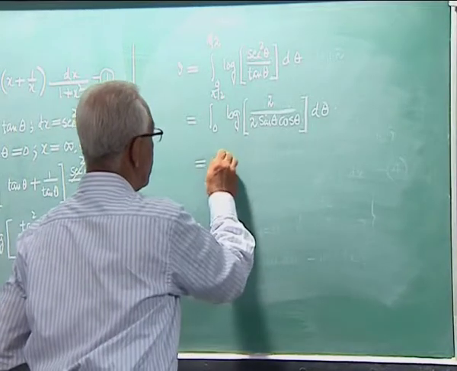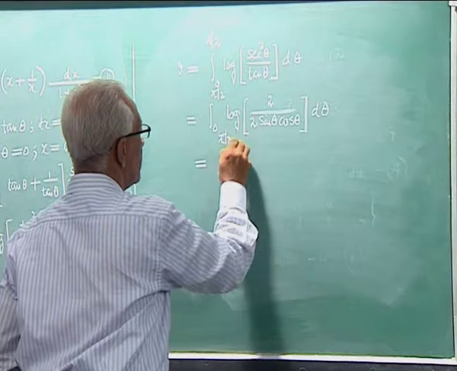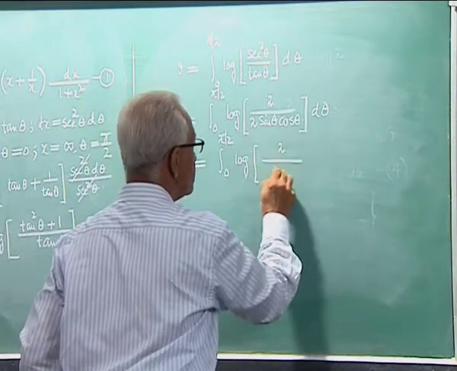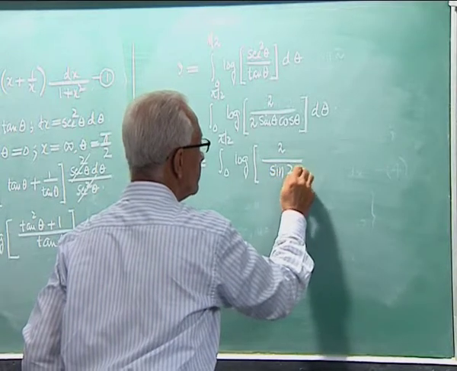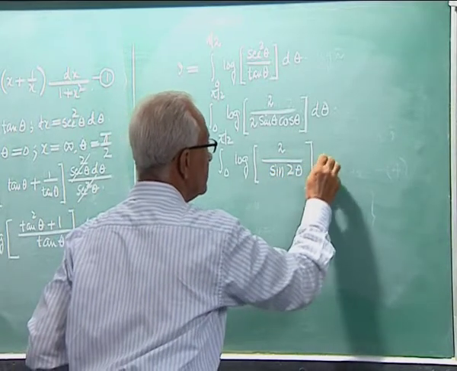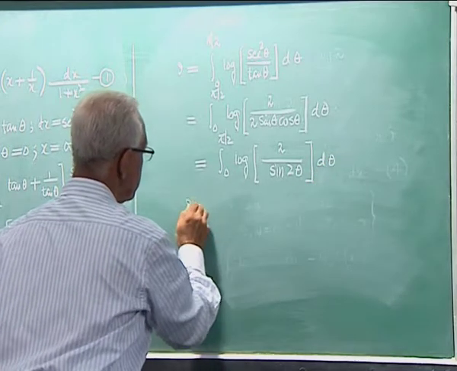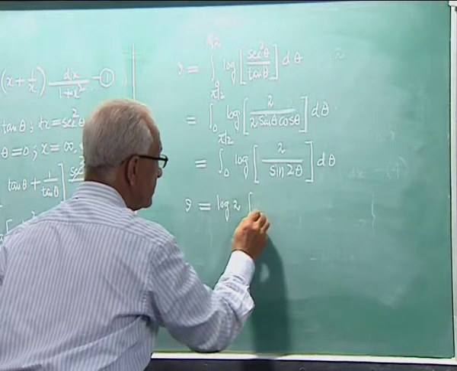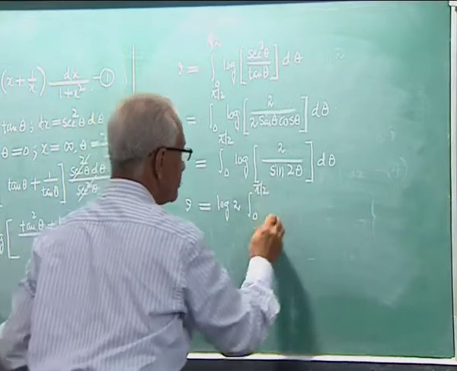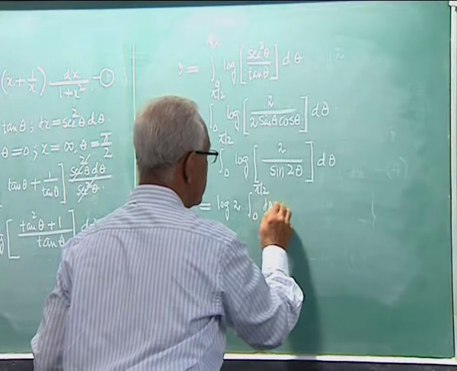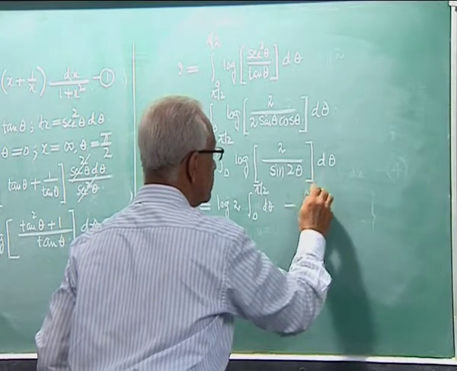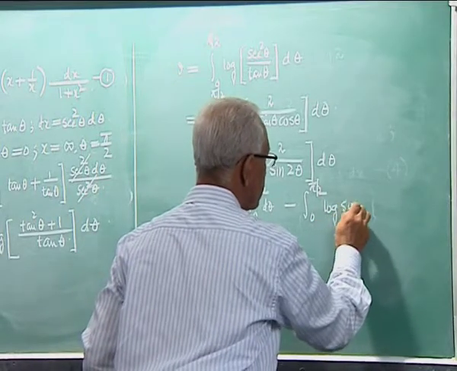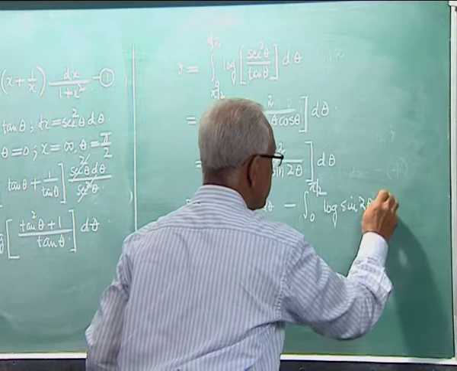So this will become 0 to pi by 2 log of, it is very easy, the well-known trigonometrical formula sine 2 theta d theta. And so the integral will now be log of 2 outside, 0 to pi by 2 d theta, minus 0 to pi by 2 log of sine of 2 theta d theta.